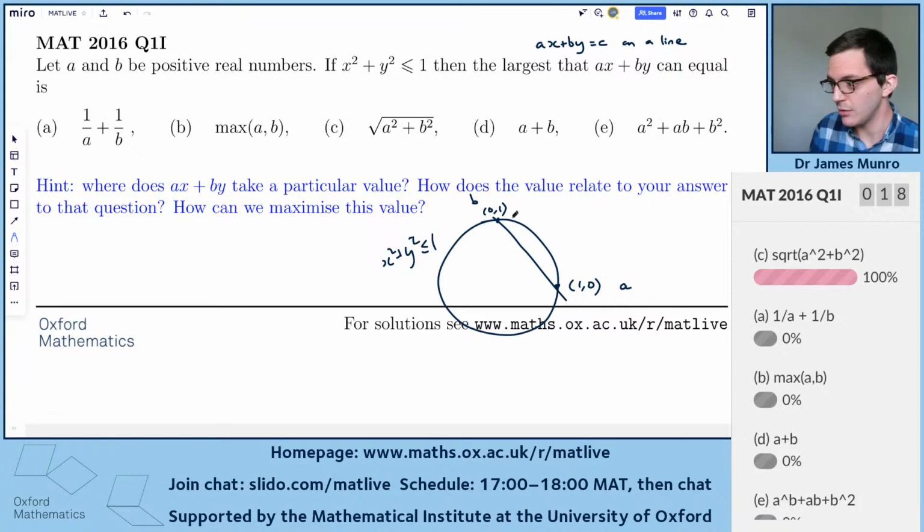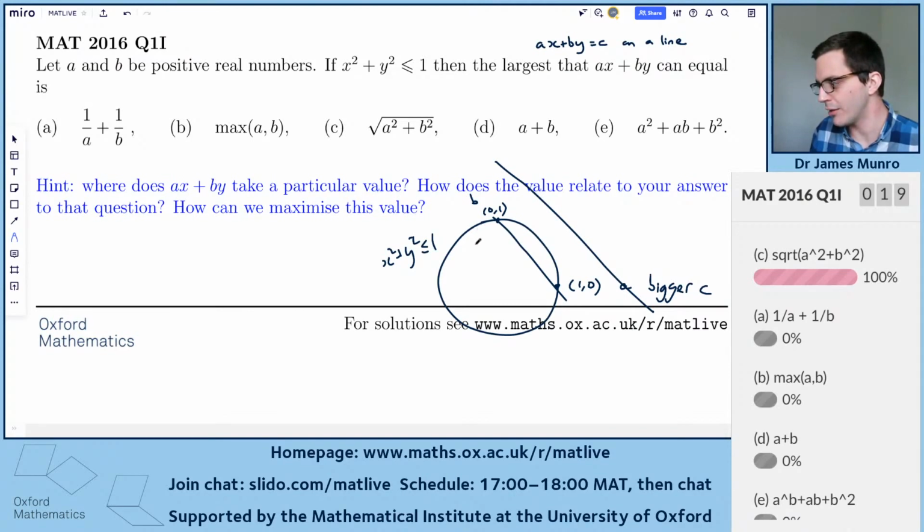Well, if I increase c, then that's like making the values of x and y bigger. So maybe I've got a bigger c and I've got a line over here. If I make c too big, then I've got the line ax plus by equals c over here, and there are no points inside the circle that do that. So that's no good. I got too greedy. I made c too big.